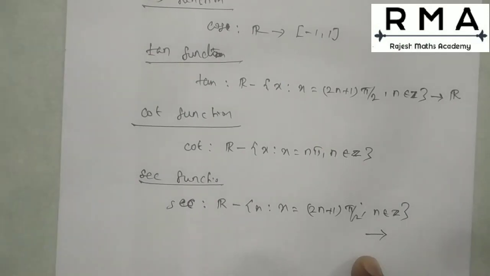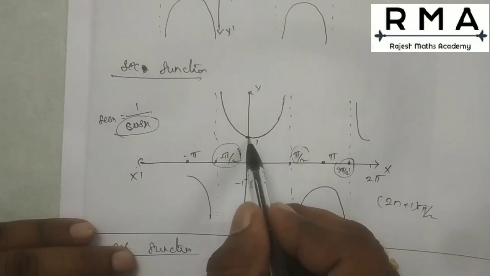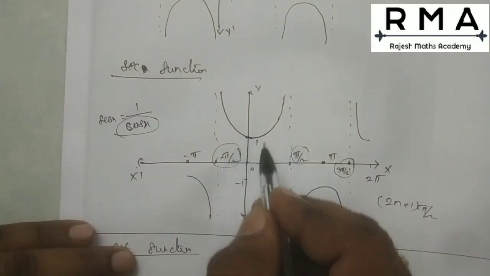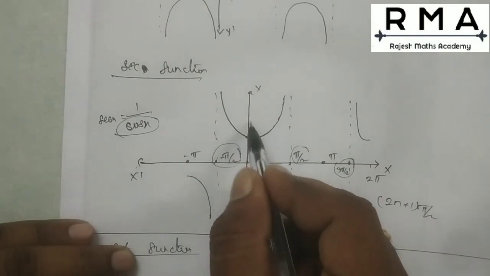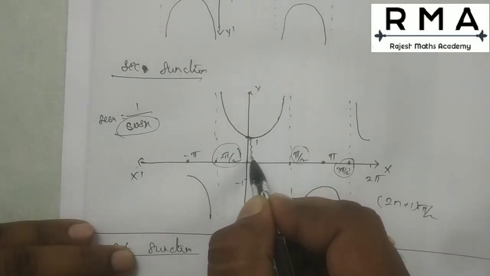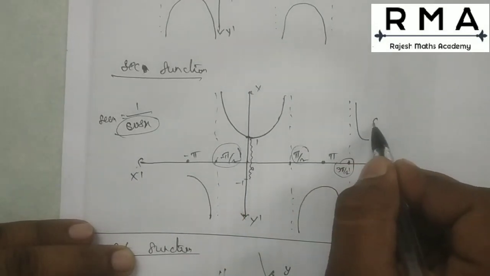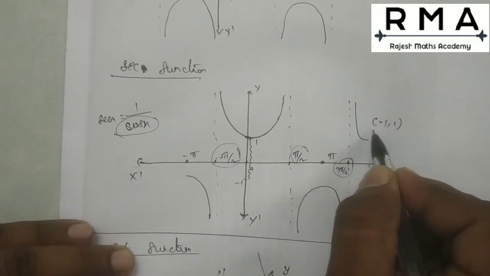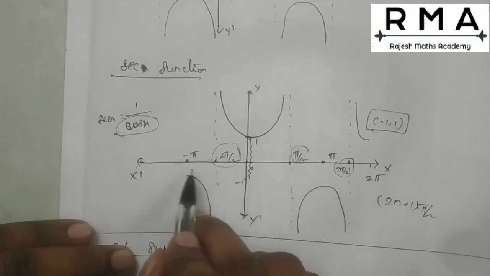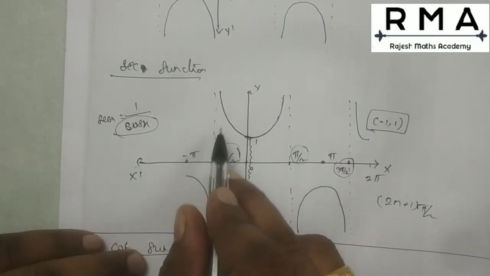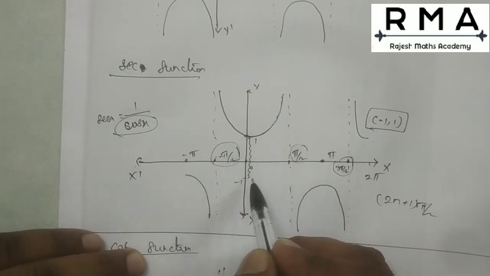What about the range here? Range means what values it will take. See that, except this interval, the other values it will take, but in the y axis below this value it is not taking, similarly up to minus 1. So the open interval minus 1 to plus 1, these values are not mapped, that is, the secant function is not taking these values. So we have to remove this from the range set.